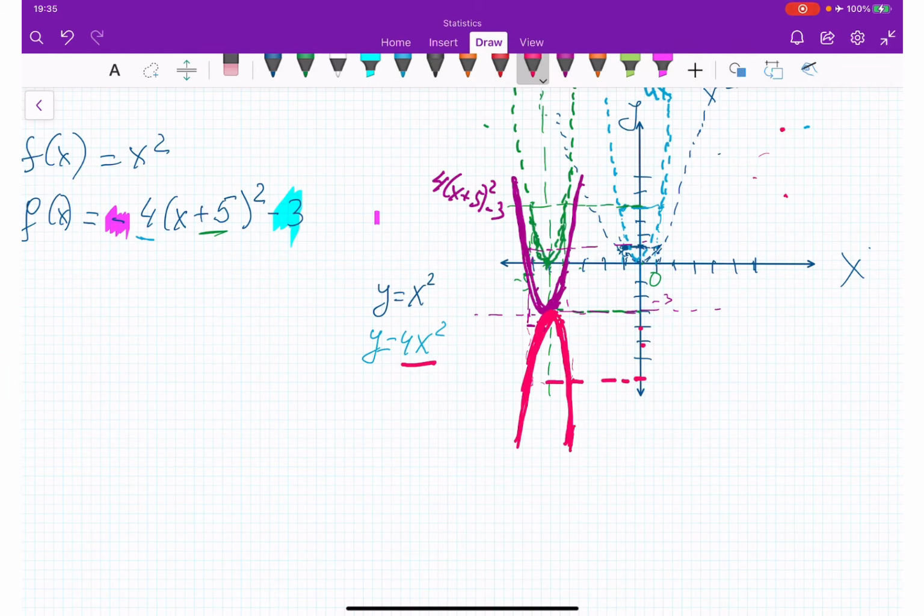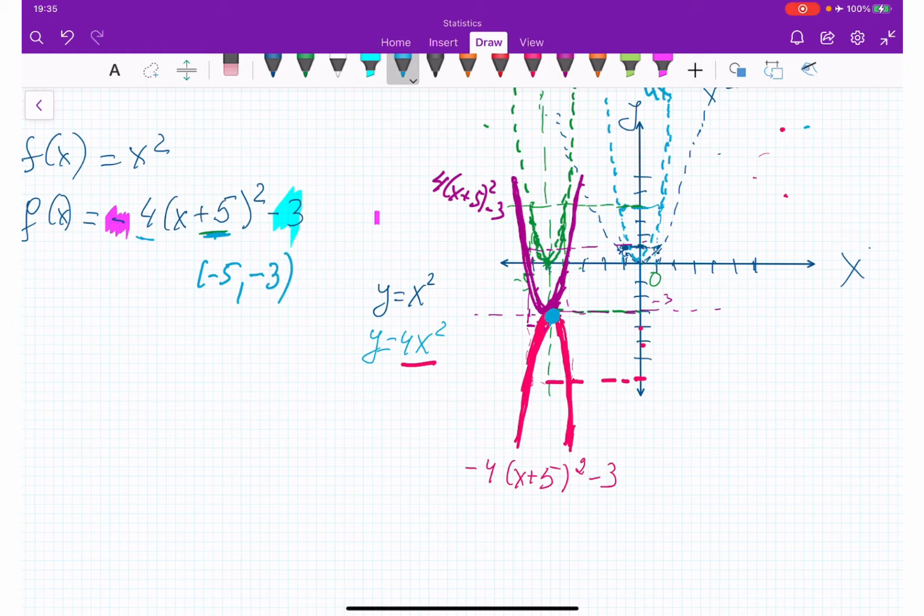This is negative 4 times (x plus 5) squared and minus 3. So what is going to be the vertex here? Since x changes positive 5, it's going to be negative 5, right? And y is going to be negative 3.